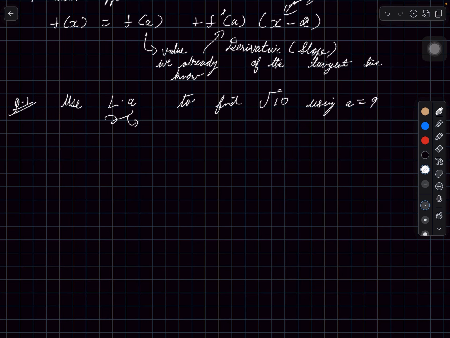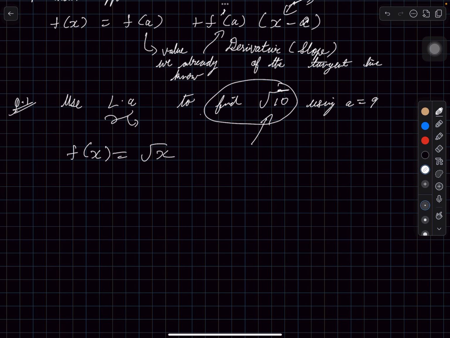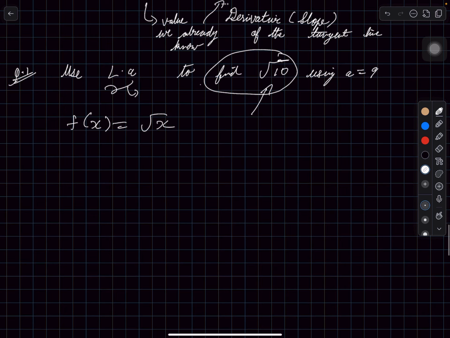Whenever we have to find the value of root 10, we need to first identify which function this is. It's under the root, so f(x) is equal to root x. Here x is equal to 10, and a is given in this question.